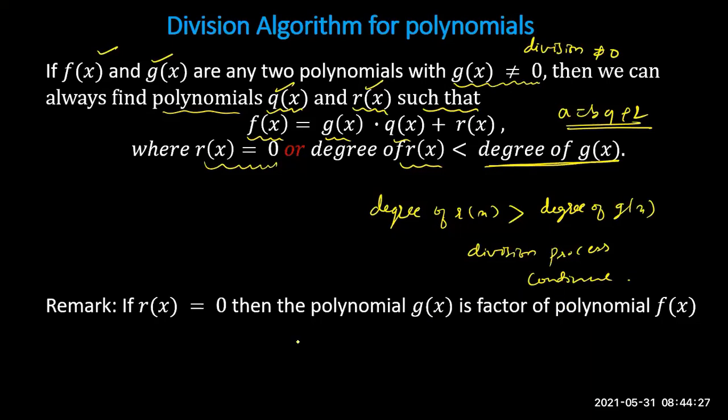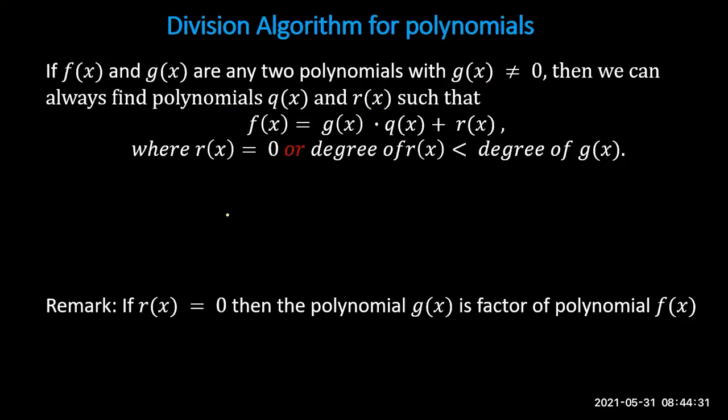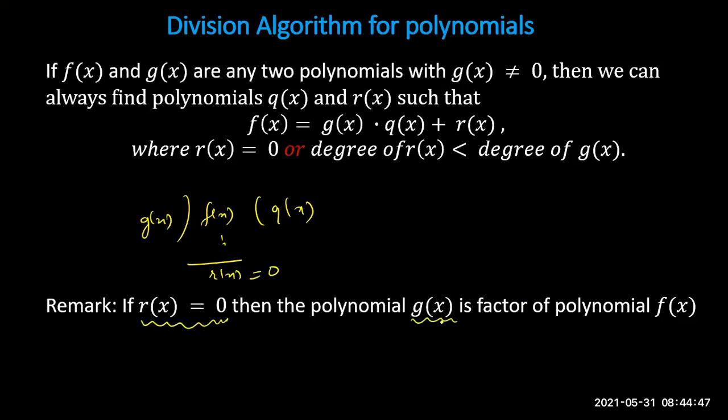And one more thing, when you divide f of x by the polynomial g of x, you get the quotient q of x and the remainder r of x. If r of x is equal to 0, then the polynomial g of x, the divisor, is a factor of polynomial f of x.